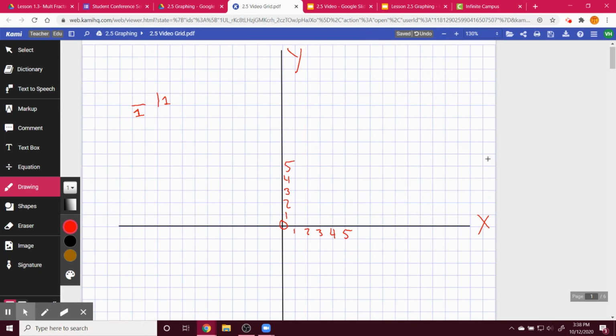The part where it gets a little bit trickier is the negative sides. Just like on a normal number line, we have our positives over here. We can also have negatives over here. So this would be -1, -2, -3, -4, and -5. Notice that as I've been writing these, they've all been on the lines rather than in a box.